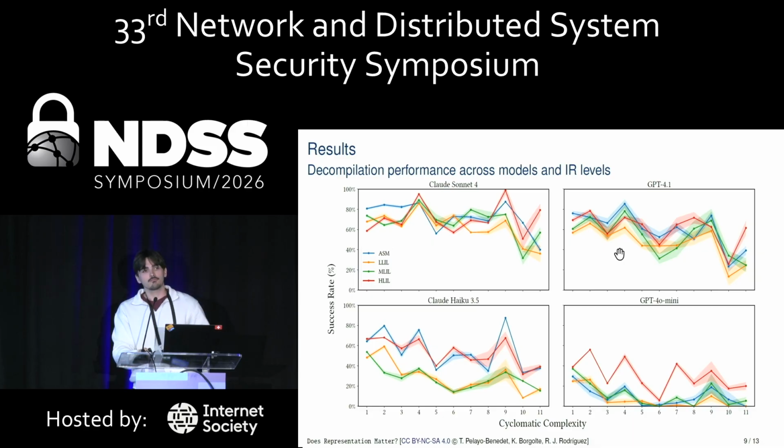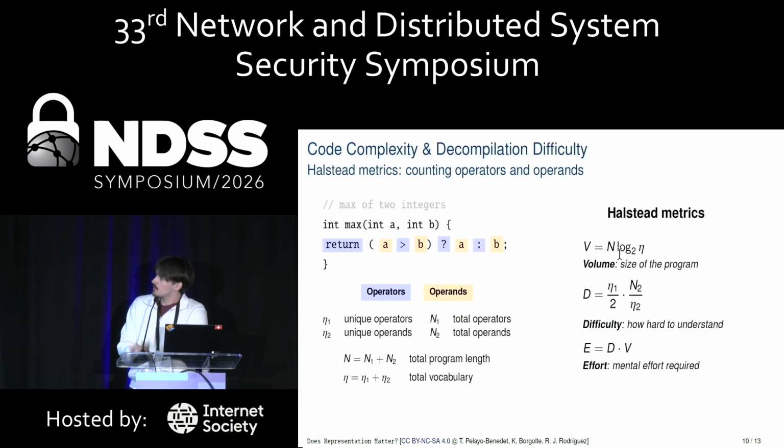So we said we are looking for the best performance predictor for the LLMs in the task of compilation. For this, we choose to use another metric, the Halstead metrics, which use the operators and operands to propose the code complexity.